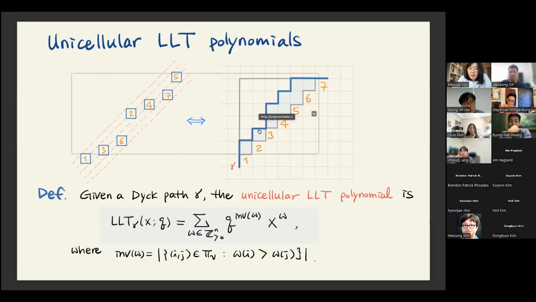And if the column label is larger than the row label, then we put q there. So in that way, we compute the inversion statistic over the Dyck path. And then you sum up q to the inversion times the monomial coming from the filling over the diagonal, and the summation of all the possible q-weighted monomials will give the unicellular LLT polynomial.